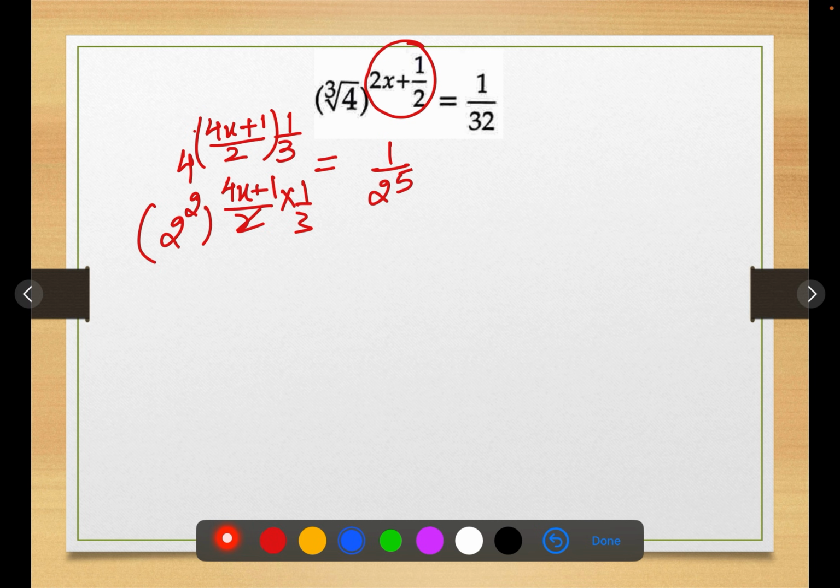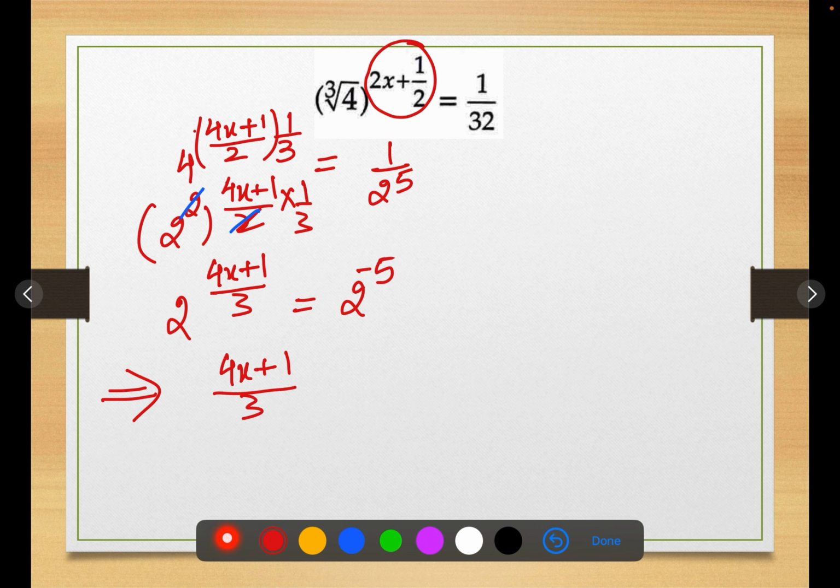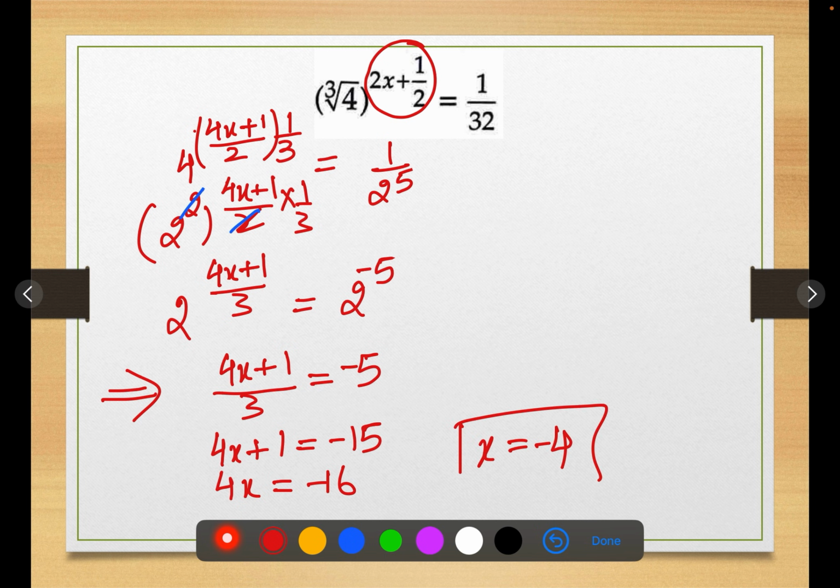This 2 will be reduced and I am left with 2 to the power 4x plus 1 upon 3 and 2 to the power minus 5. Reciprocate implies 4x plus 1 upon 3 is minus 5. 4x plus 1 is equal to minus 15. 4x is equal to minus 16 and x is equal to minus 4 as the answer.